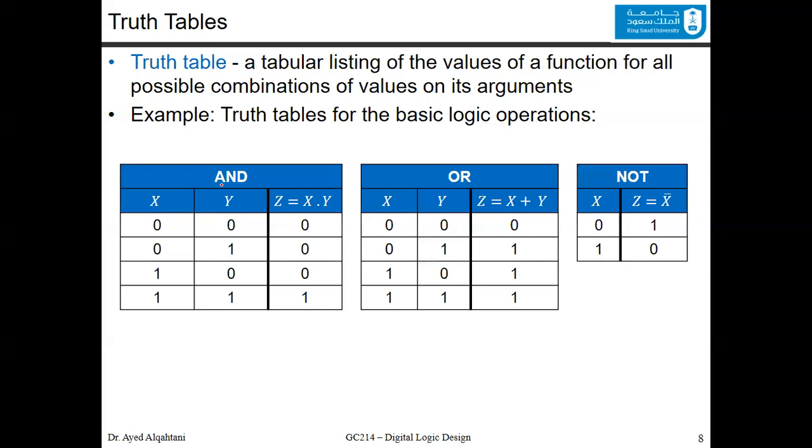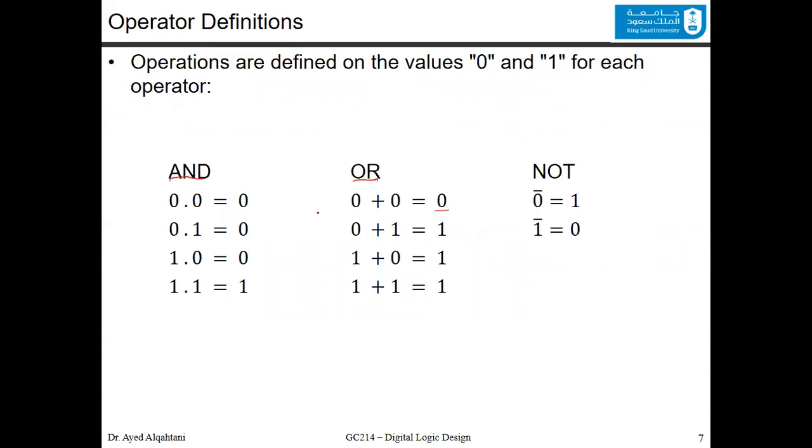So if we say AND, and you have two variables, x and y, the output z, which is equal to x and y, is going to be this way. And if you look at this output, and you look at the output that we just discussed earlier, they match.